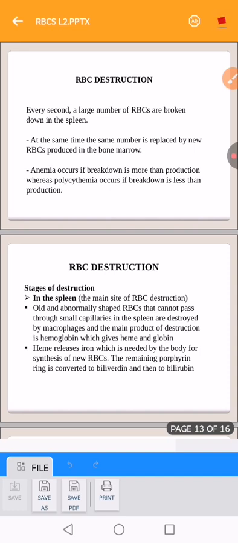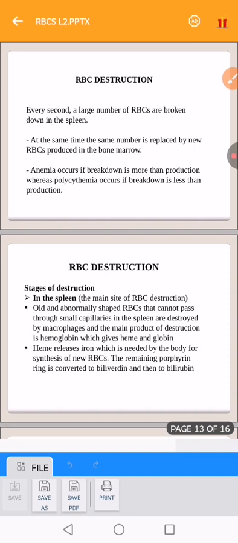And that hemoglobin also divides into heme and globin. The heme releases iron, which is needed by the body for synthesis of new RBCs. That iron is recirculated again to reproduce other RBCs.